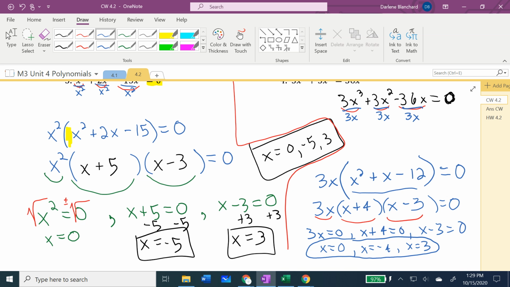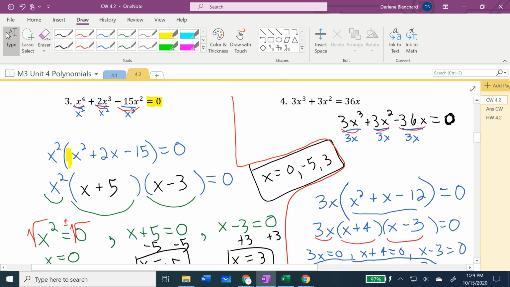You are not at a point where you can deal with solving for third degree or higher that doesn't nicely factor an x out. In fact, it's going to take us a while to get to the point where you're ready to deal with those. So for now, just be aware that it's always going to have a common x factor or an x squared factor, or maybe even an x cubed factor that'll bring it down to the quadratic that you're more used to.